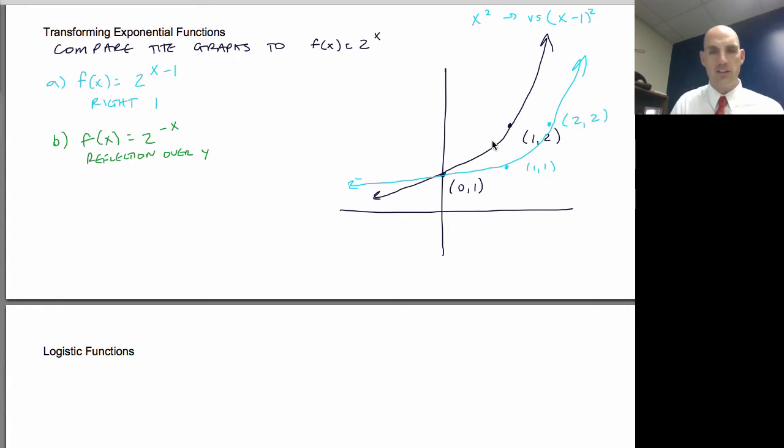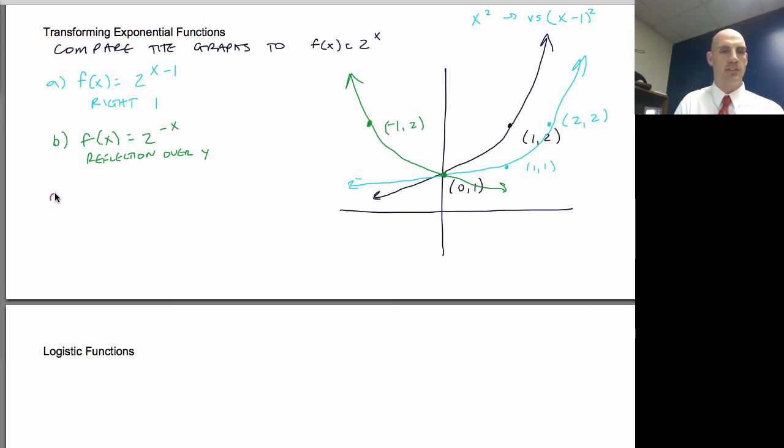And so if I get a reflection over y, I'm going to have this, and I'm going to have negative 1 comma 2. So it's going to go kind of like this. Testing my dot connection skills.